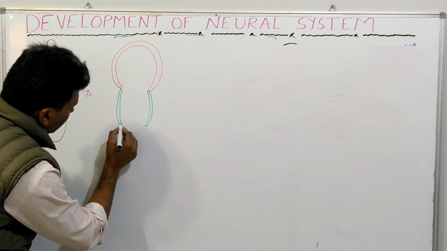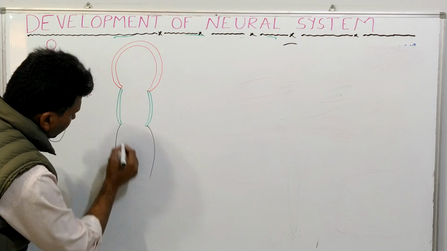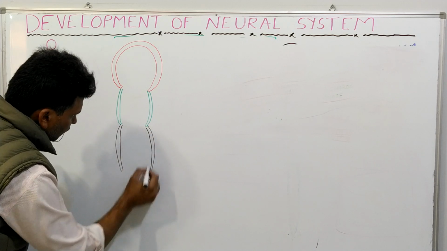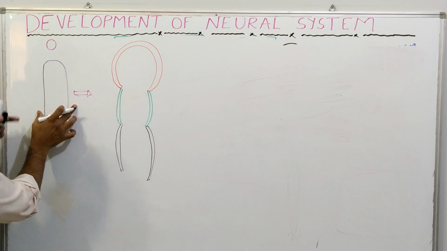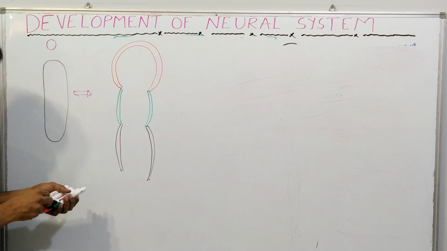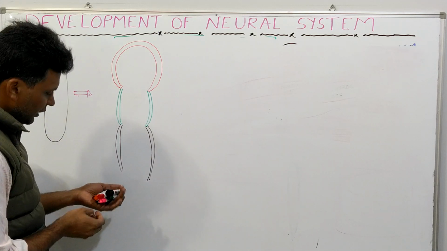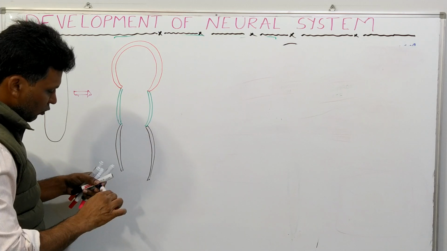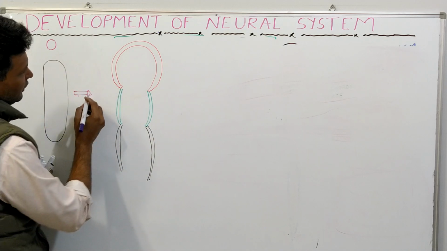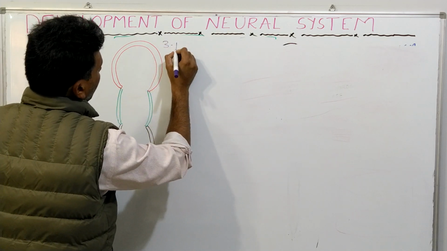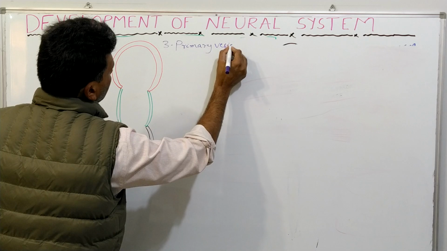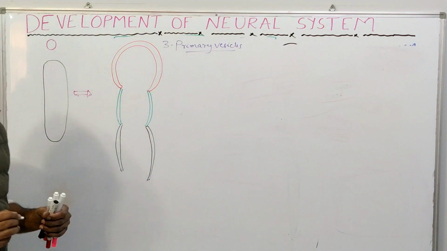Let us put this color. So from this neural tube, the three primary vesicles form. This is called the three primary vesicles.